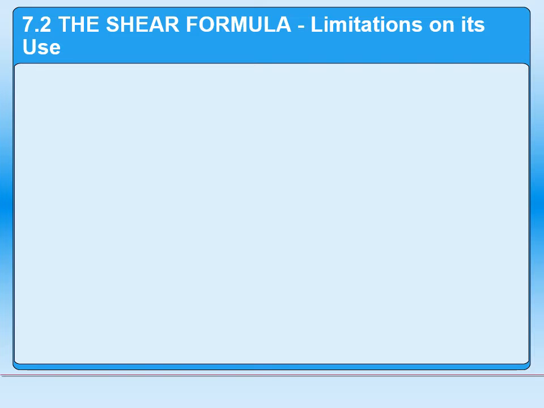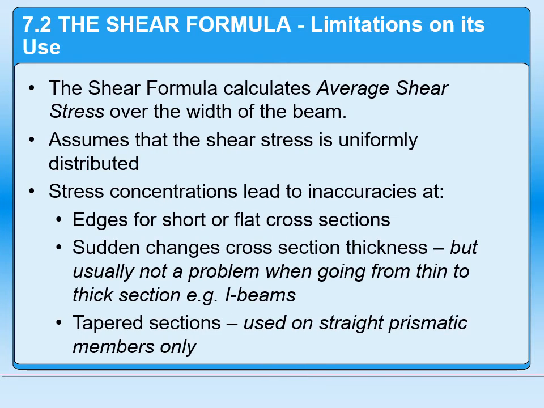Now, it's important to realize the shear formula does have some limitations. We can't use it in all situations. In fact, one of the key aspects of this is that when we were developing the shear formula, we're actually calculating the average shear stress over the width of the beam. So we're looking at the shear force and dividing it by that width.